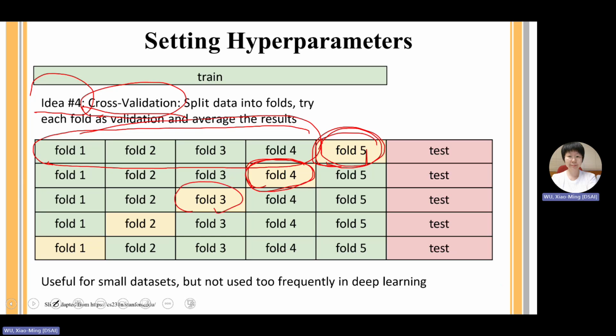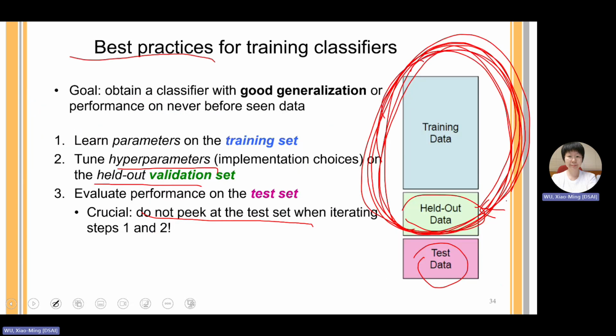Why do we want to do that? Using different folds of data for validation and the rest for training. If we do this, we train the model with fixed training data.